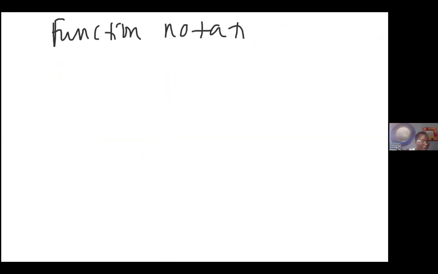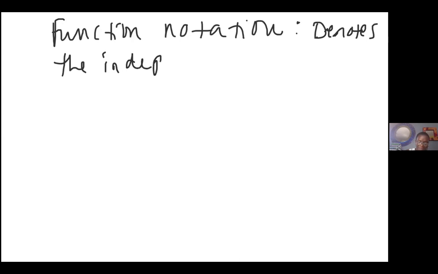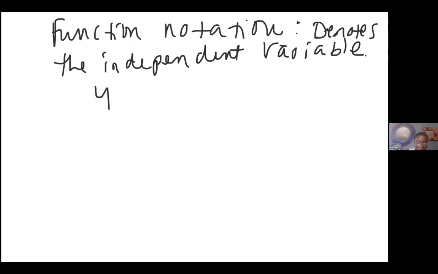And when we talk about function notation, guys, it basically denotes the independent variable of an equation. So essentially, this independent variable right here, guys, is what the entire equation depends on.